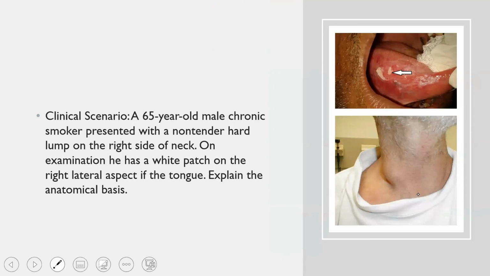Okay, so a little homework for you. I have put a little clinical scenario about a 65-year-old male chronic smoker who presented with a non-tender hard lump on the side of the neck. This is the lump. So the doctor examined the patient to see what the cause could be and noticed a white patch on the right lateral aspect of the tongue.